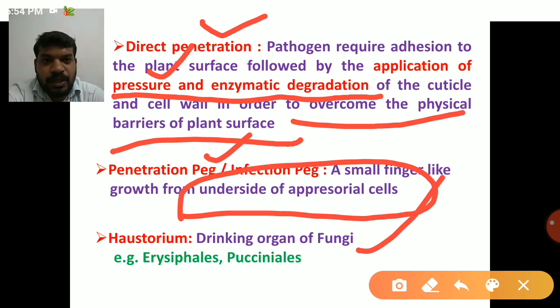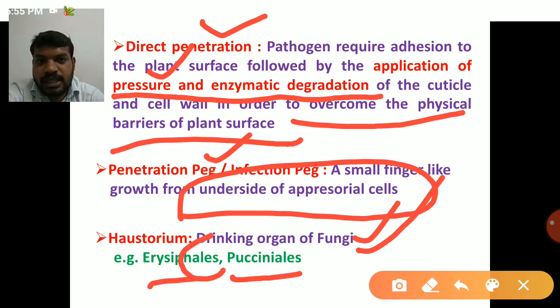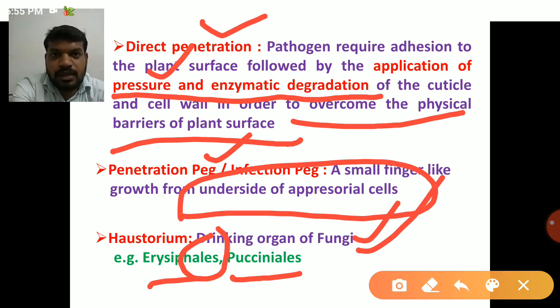The haustorium is simply called the drinking organ or sucking organ of fungi, mainly produced by obligate parasites, that is Erysiphales and Pucciniales fungi. A word ending with ales denotes the order of fungi. So Erysiphales and Pucciniales are two orders of fungi. Fungi belonging to these orders produce the haustorium.